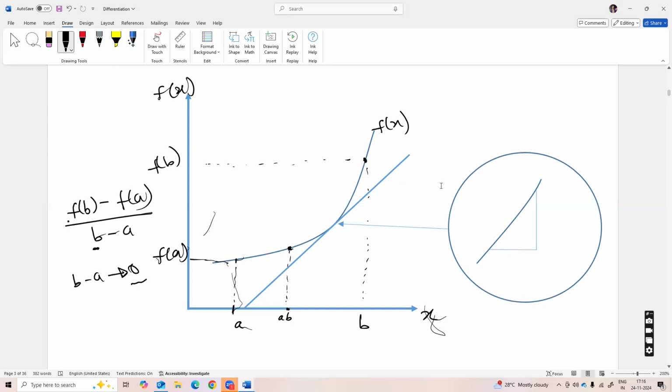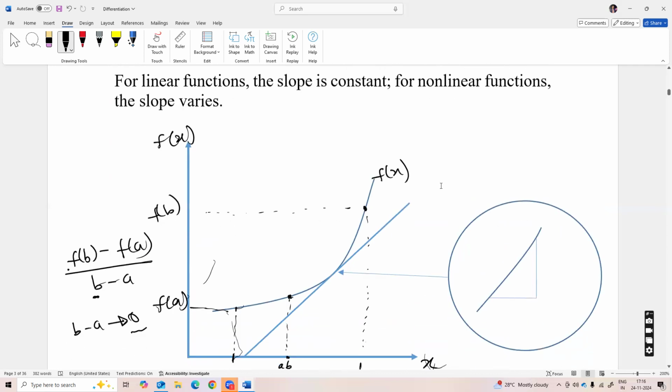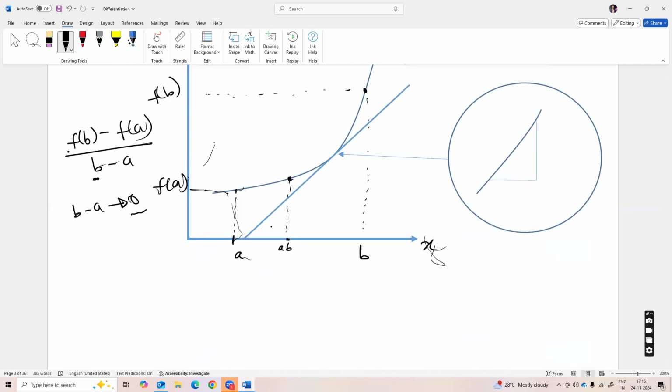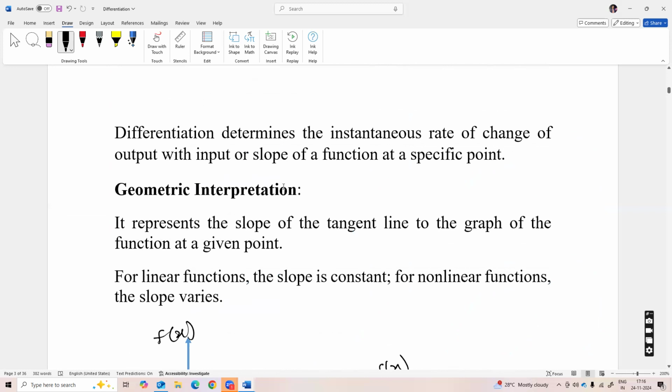So according to the definition of differentiation, if the increment h tends to 0, then the change in f of b minus f of a divided by b minus a tells us the derivative, and therefore it is known as the instantaneous rate of change of output with respect to input.